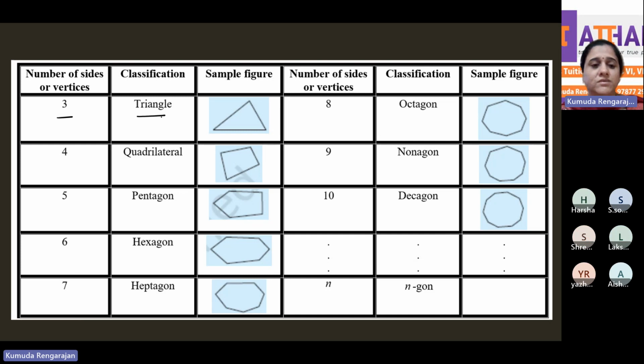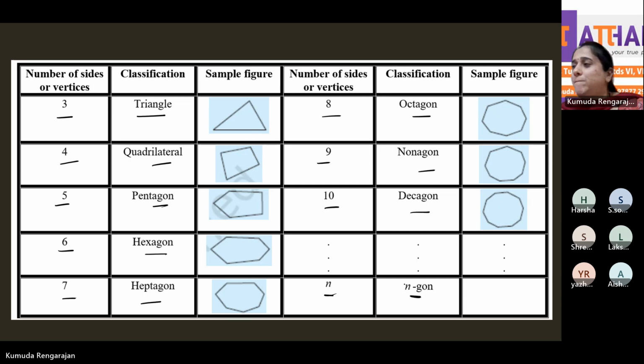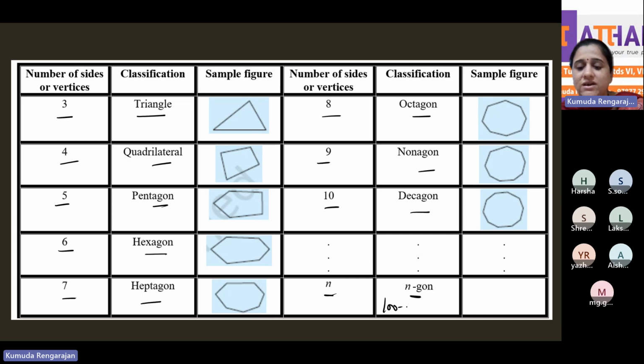Four sides, quadrilateral; 5 sides, pentagon; 6 sides, hexagon; 7 sides, heptagon; 8 sides, octagon; 9 sides, nonagon; 10 sides, decagon; n sides, n-gon. So if a polygon has 100 sides, you can just write it as 100-gon. N-gon means whatever is the number of sides. So if the polygon has 51 sides, 51-gon.